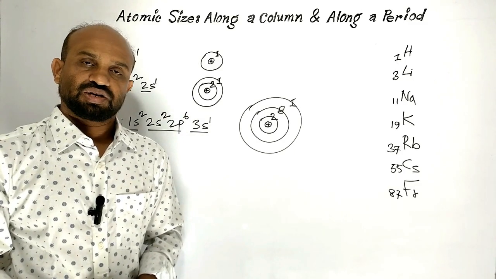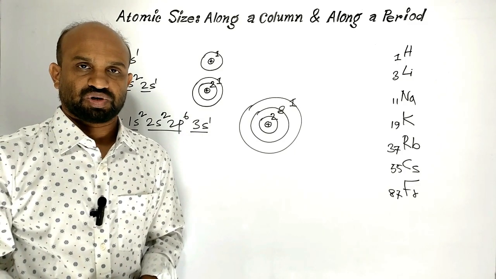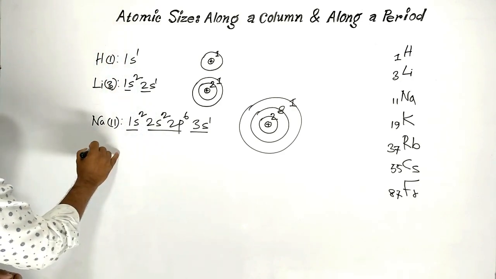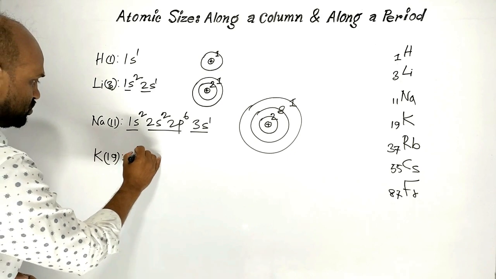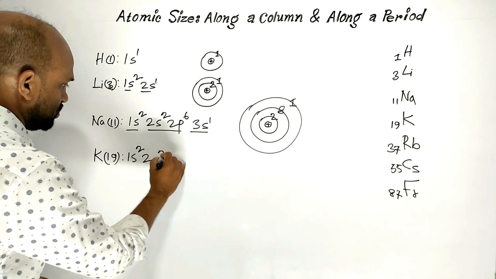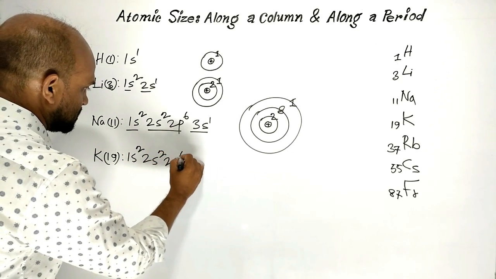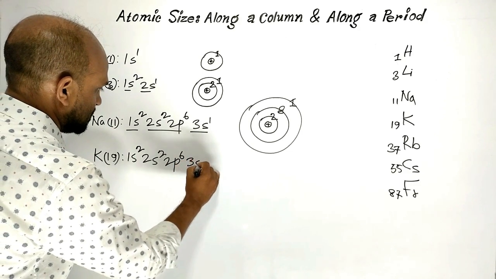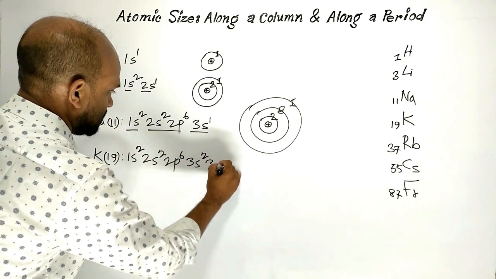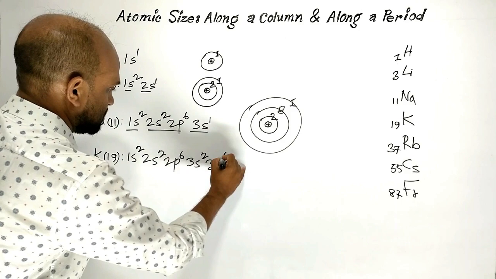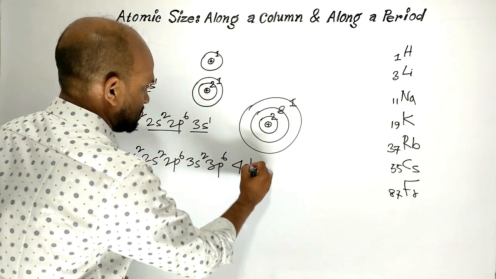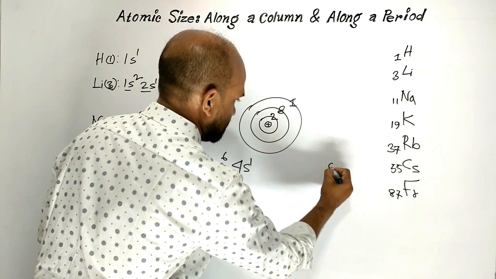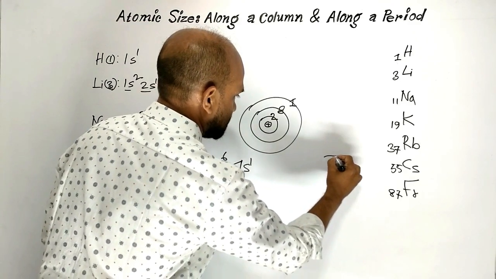Now let's see electronic configuration of potassium. Potassium 19: 1s2, 2s2, 2p6, 3s2, 3p6, then 4s1. That is the nucleus.